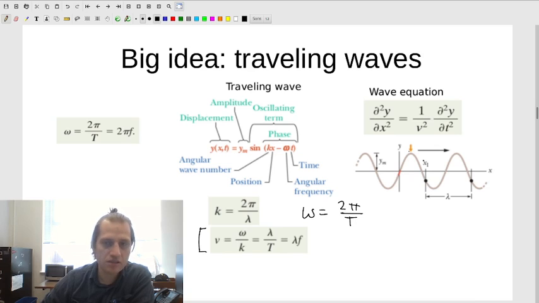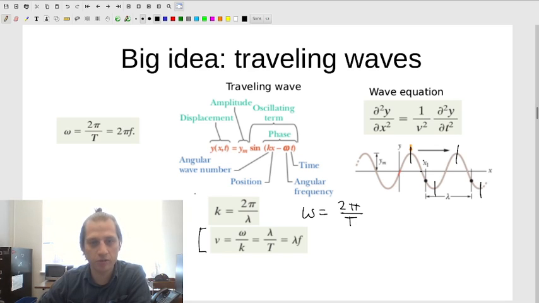So that's the same going through one whole cycle as the period. We also have another quantity called the wavelength, which is how long it takes for that wave to go to the bottom, to the middle, to the top, to the middle. So this is your wavelength, or another way to say it is from a peak to a peak, or a trough to a trough. Those are also good ways to define your wavelength.